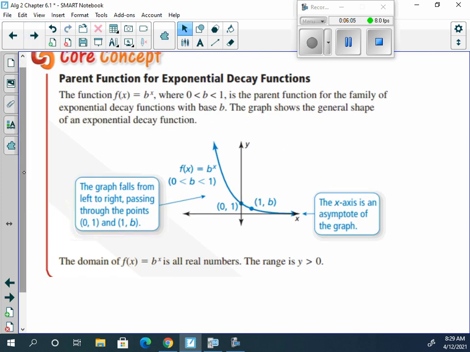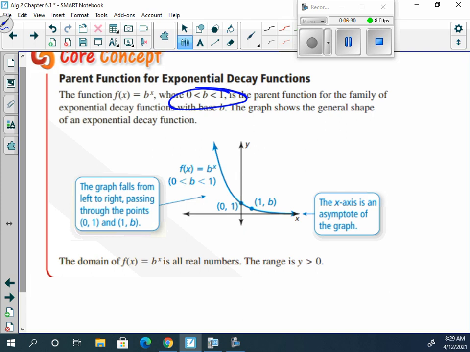Now, the other type of exponential that we have is called exponential decay. And as you can see from this graph here, instead of increasing from left to right going up, it is decreasing. And the main part about this is that b is between 0 and 1.